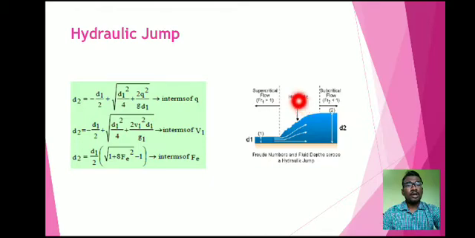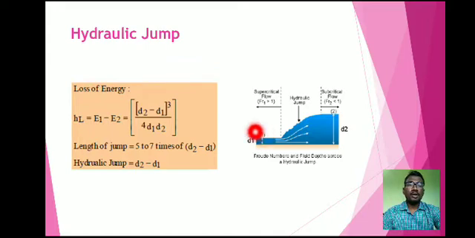We can also divide subcritical flow and supercritical flow in terms of Froude number. If the Froude number is greater than 1, it is known as supercritical flow; less than 1 is known as subcritical flow; and equal to 1 is known as critical flow.